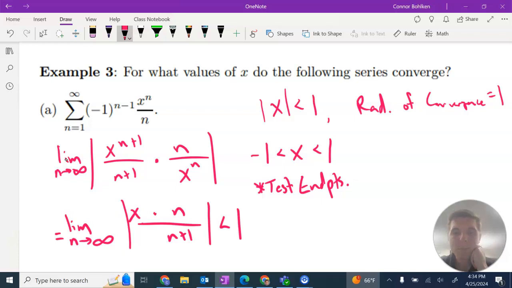So here's where I've seen some not so great notation, and what I really want to encourage you to do is be clear about which endpoint you're testing, plug it in for x back into the original series, and then simplify enough that you can easily show or prove how it's converging or diverging. Here's what I mean.